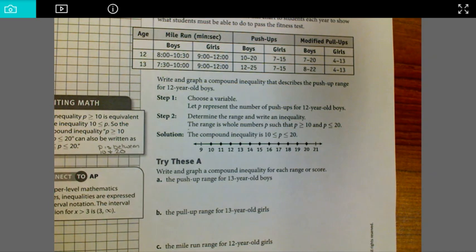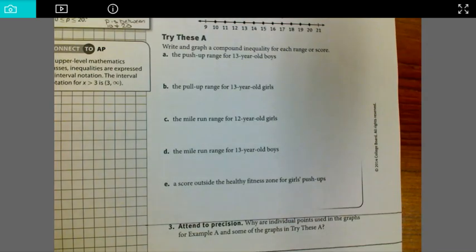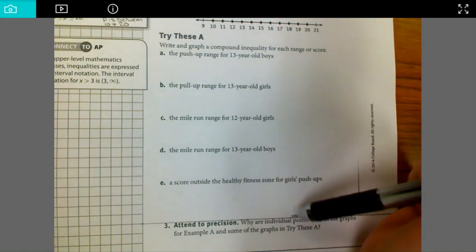Because remember, if you recall from last lesson, we can't have partial push-ups. You either did the push-up or you didn't, okay? What's going to happen is on the next couple of slides, you're going to see some problems worked out where it's going to give you a graph and a compound inequality to include these different ranges.